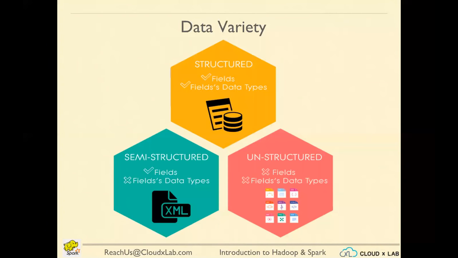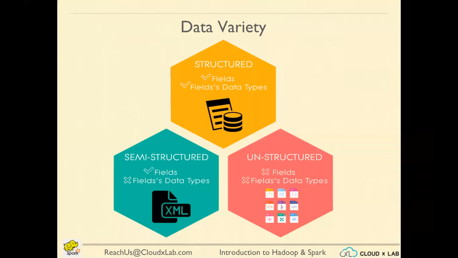What are examples of structured data? The data that exists in any database in the form of tables is structured data. For example, data in MySQL, Oracle, Microsoft SQL, where every column has a clear data type that we know, we call that structured data. Now, on the other extreme is unstructured data.